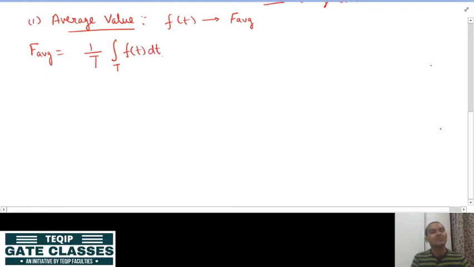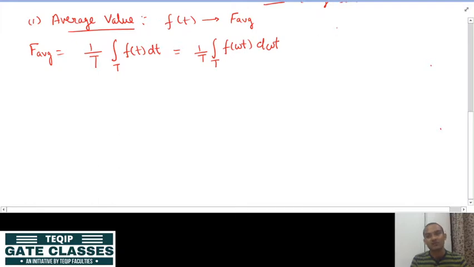This limit can be a function of time, or it can also be a function of angle omega t. If the function is proportional to omega t, then this can be represented as f(omega t) d(omega t). Please mind that I have written integration over one time period.